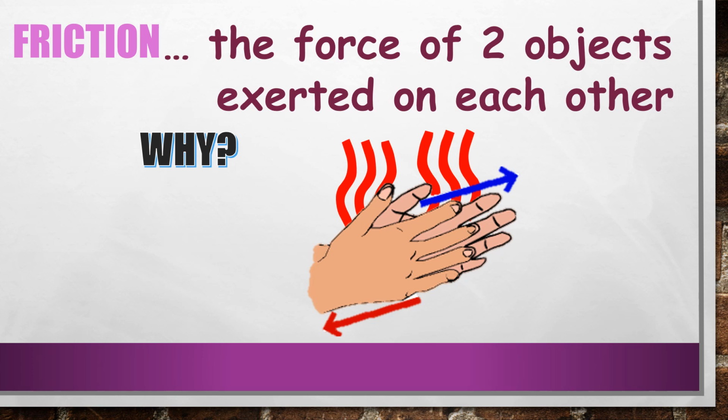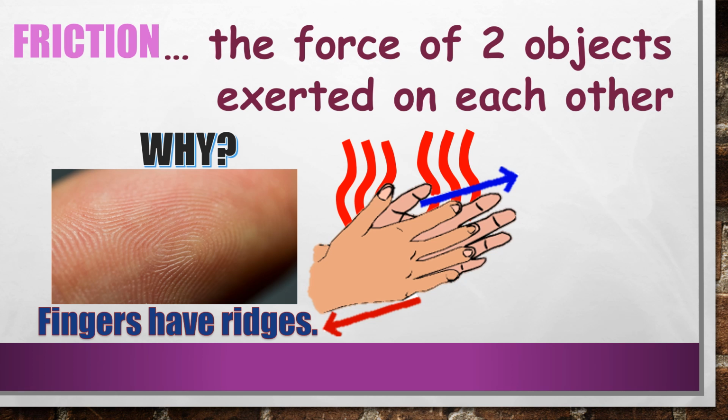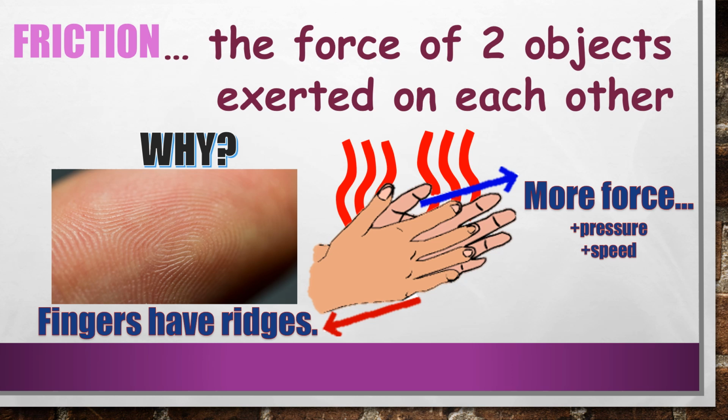Why does that happen? Well, we have these little itty bitty ridges all over our fingers called fingerprints. It's all of those ridges, those bumps that go up and down, that as they rub on each other, because it is not a completely smooth surface, we're able to intensify the amount of heat that we create by simply rubbing our hands together.